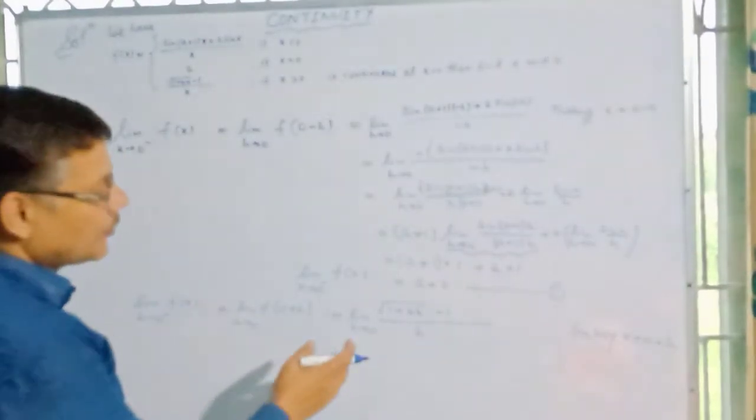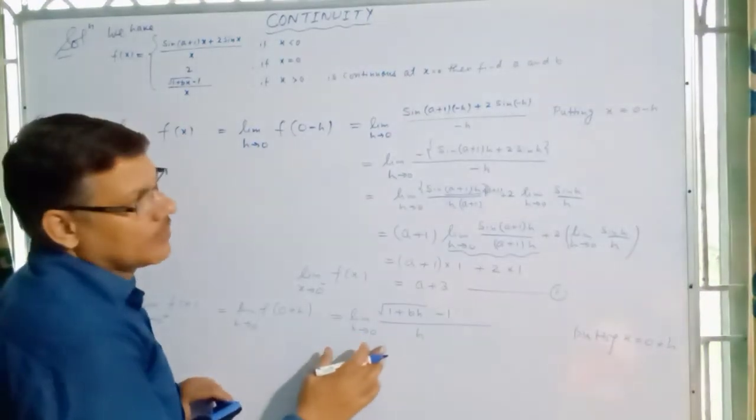Now when we put h equal to 0, it is of the form 0 by 0.